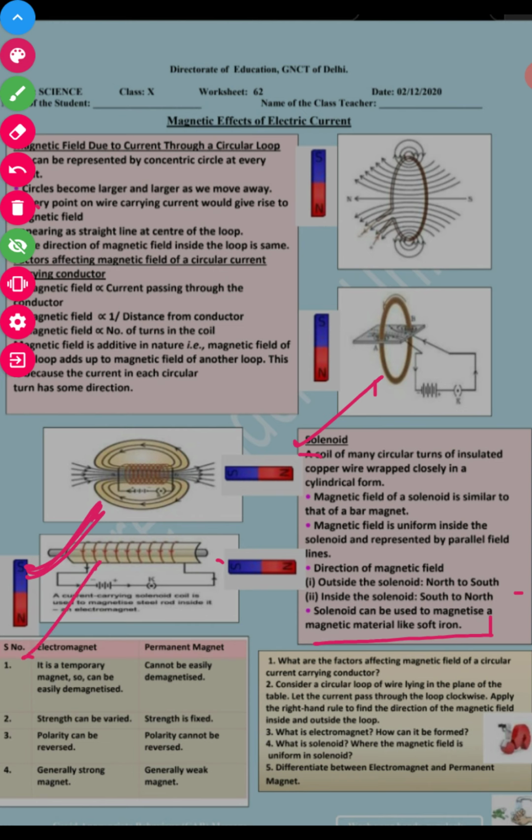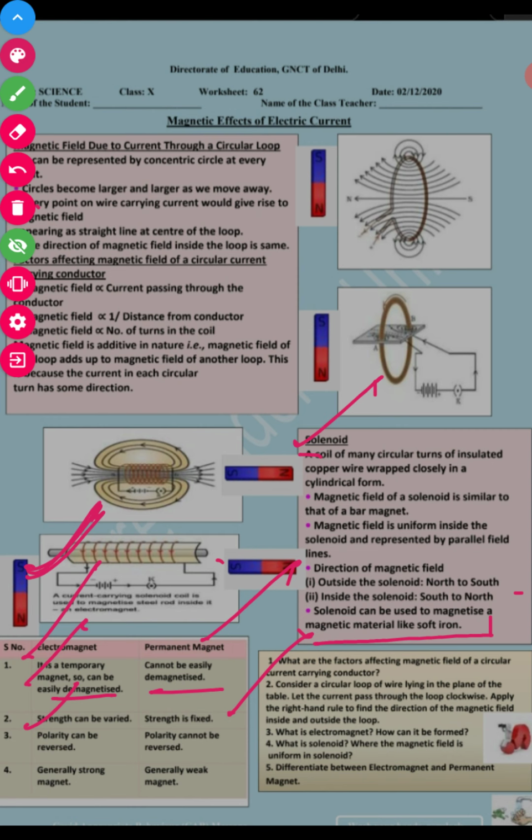Now, what is the difference between an electromagnet and a permanent magnet? An electromagnet is a temporary magnet, so it can be easily demagnetized, whereas a permanent magnet cannot be easily demagnetized. The strength of an electromagnet can be varied, whereas for a permanent magnet the strength is fixed.